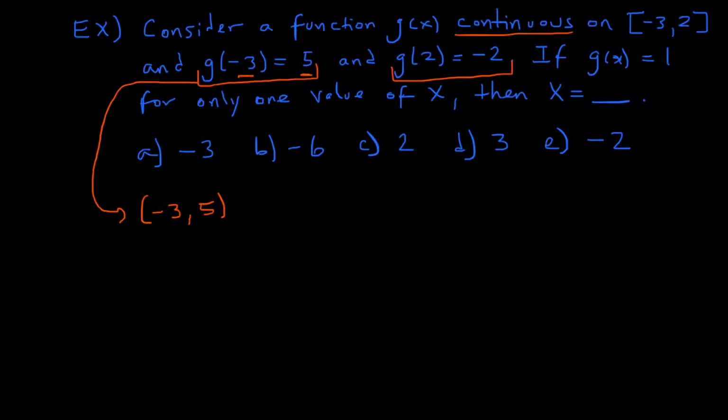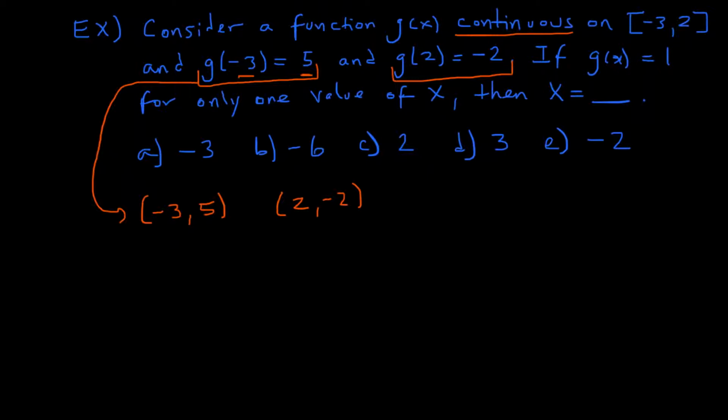So that's just a coordinate point. And same thing for this section here. g of 2 equals -2. That's just saying when x is 2, the g value or the y value is -2. So if I want to write that as a point, that would be the point 2, -2.